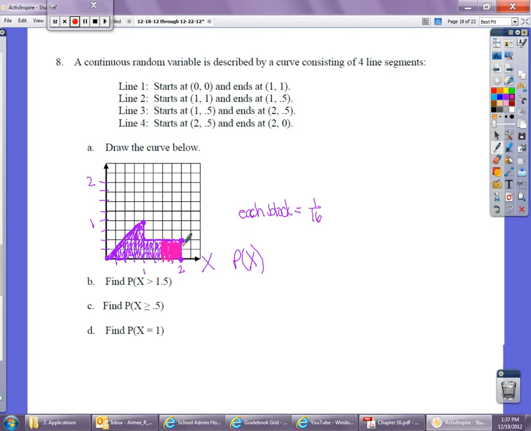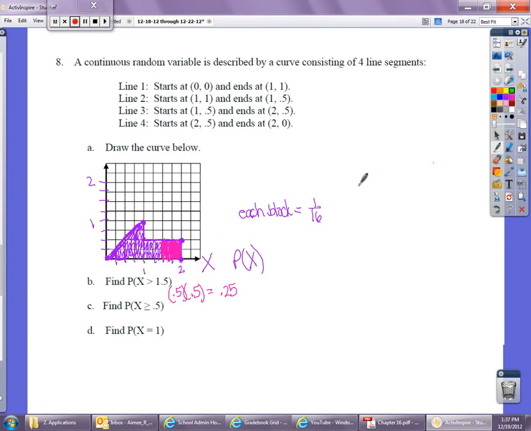My square is 1/2 times 1/2, so I get 0.25. I could also count 1, 2, 3, 4 sixteenths, because each one's a 16th, which is, again, a quarter. So there's a couple of different ways that you can do this.